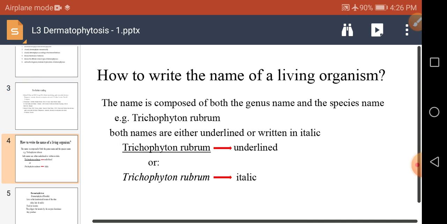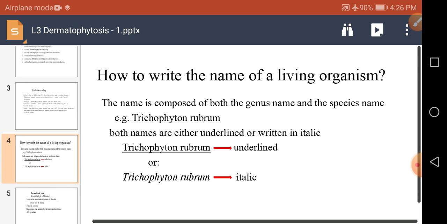Before I go to the topic dermatophytosis, I would like to tell you how to write the name of a living organism scientifically. The name is composed of both the genus name and the species name. Example, Trichophyton rubrum.